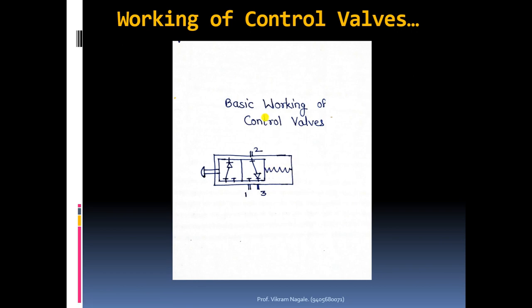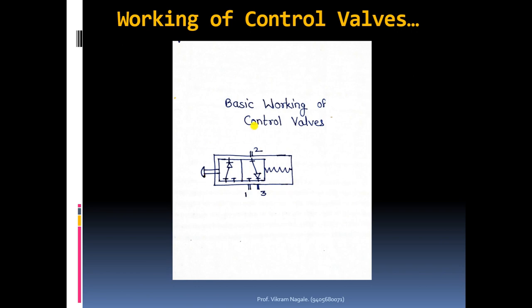But if the spring is absent, then in that case we have to do this manually. Means we have to apply pressure on the right hand side of the block manually, or somehow by using some actuating technique.